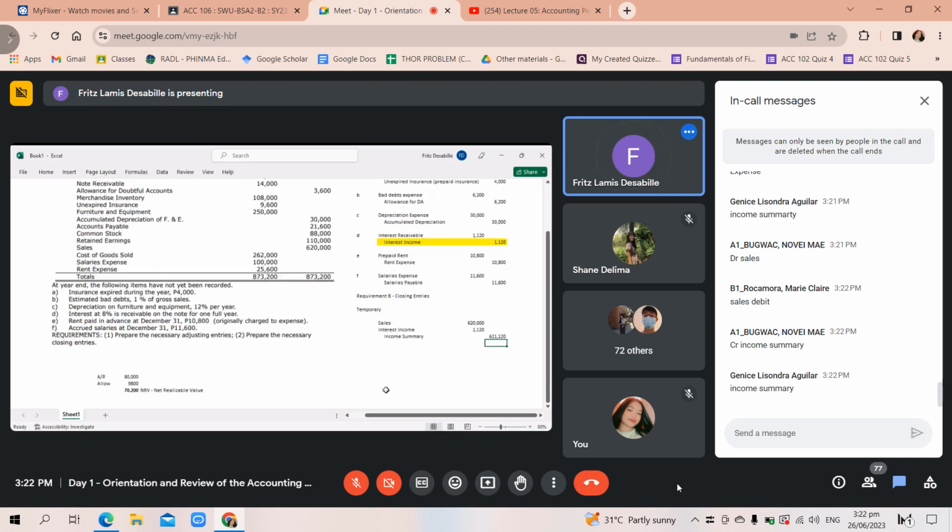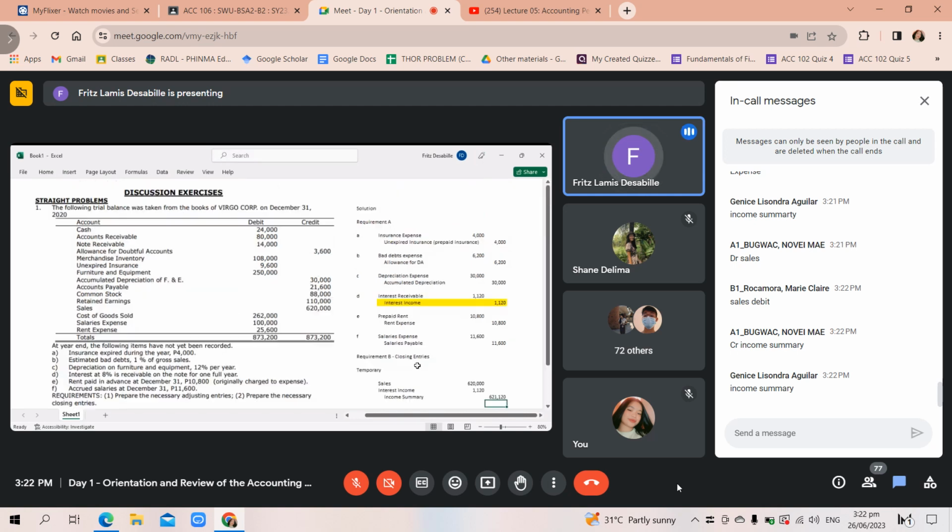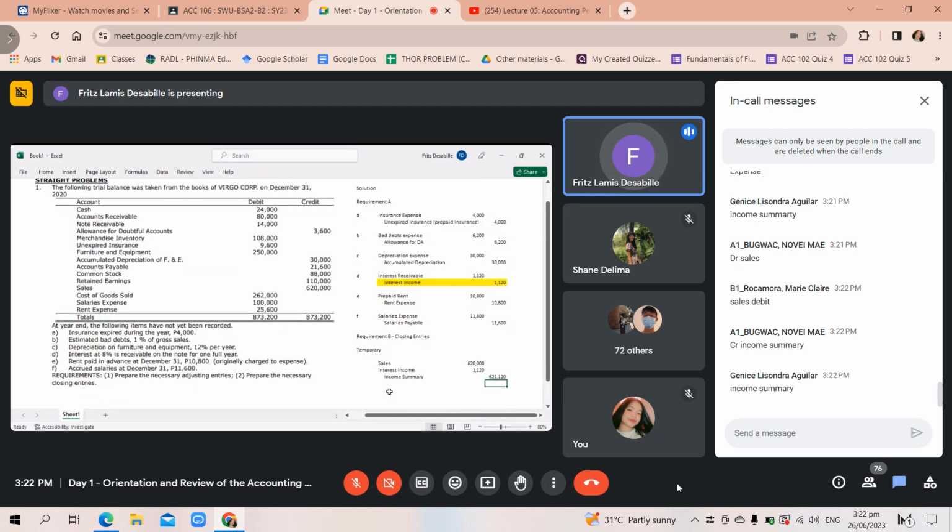Okay. Next, we have to close the expenses. Where are our expenses? I'll lay them out. Okay. So of course, to close out expenses, we have to credit the expenses and debit income summary.